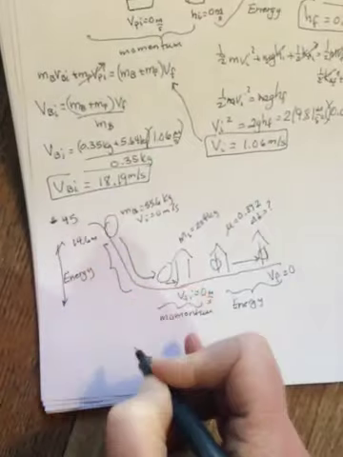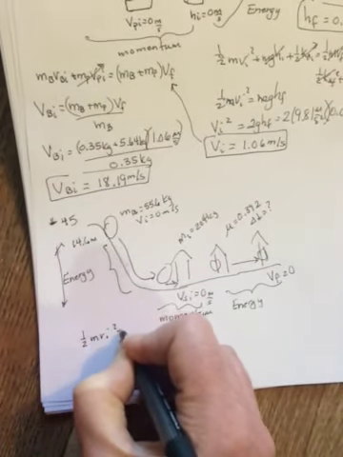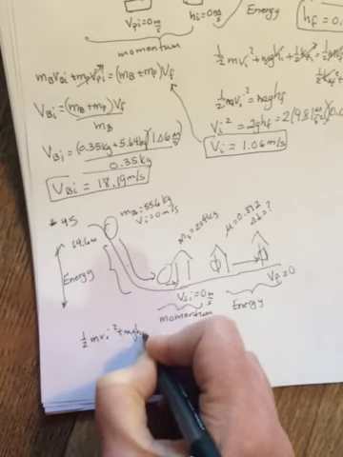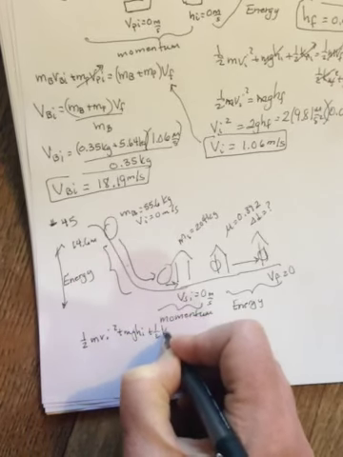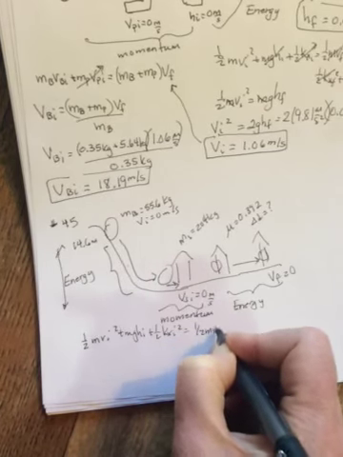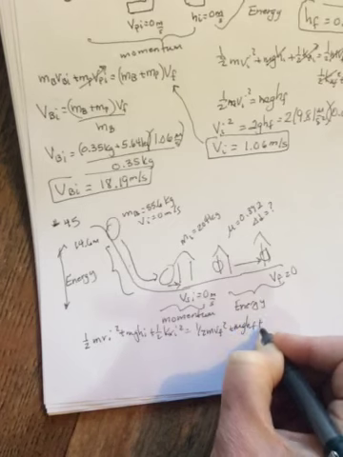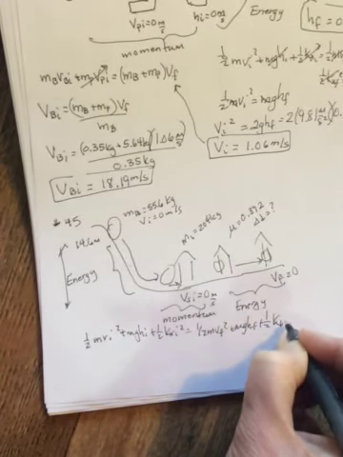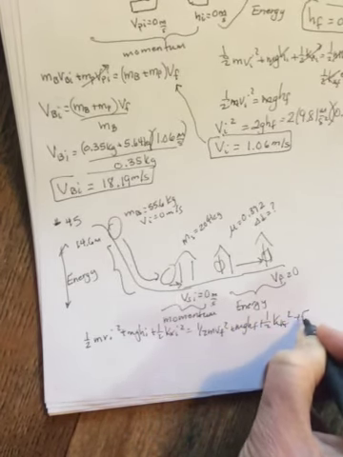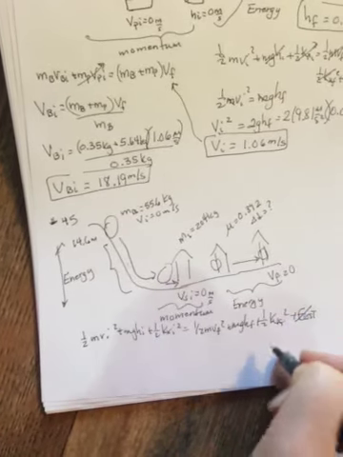Okay, so we're going to start with energy. 1/2 mv initial squared, plus mgh initial, plus 1/2 kx initial squared, equals 1/2 mv final squared, plus mgh final, plus 1/2 kx final squared, plus E loss. The boulder is rolling down the hill, and when rolling there's hardly ever any friction.